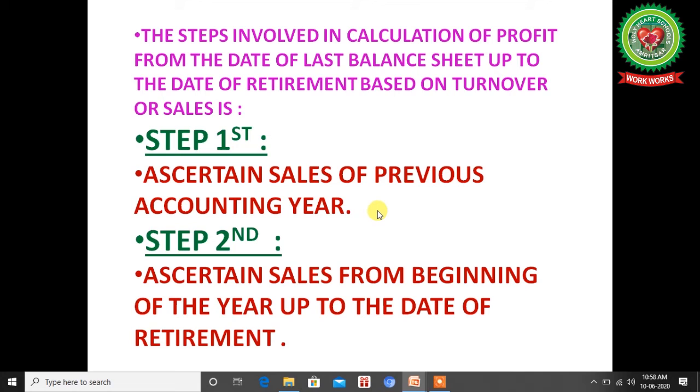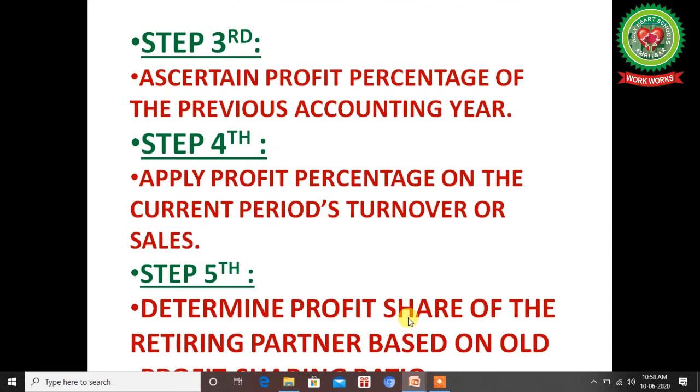In the first step, find out the previous accounting year's total sales; in the second, the sales from the beginning till the date of retirement. In the third step, ascertain the profit percentage of the previous accounting year. In the fourth step, apply that profit percentage on the current period's turnover or sales.